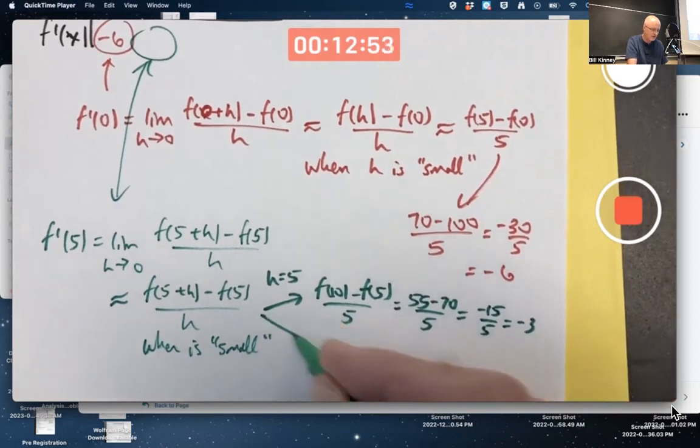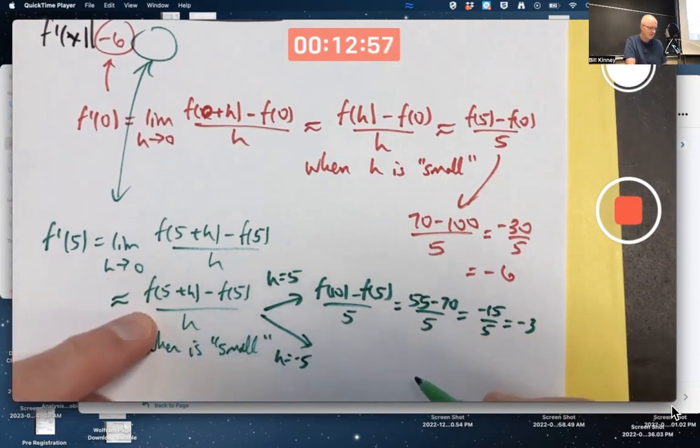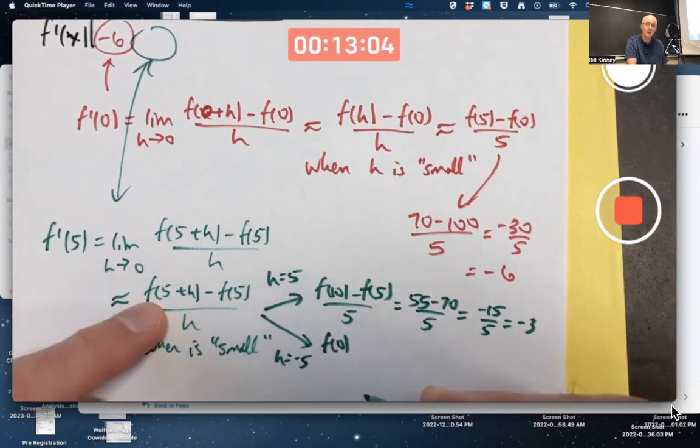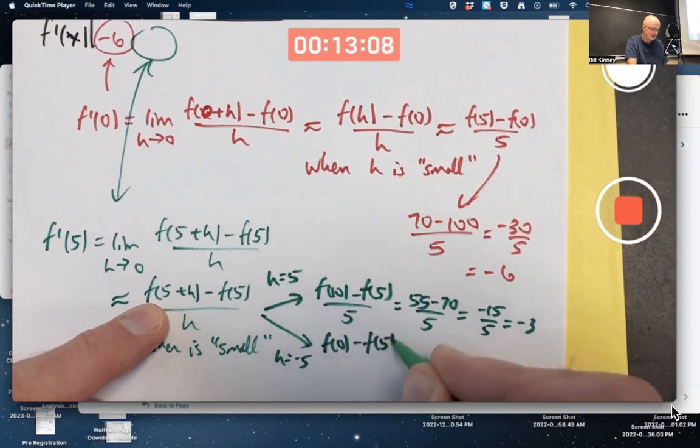But what if we took h to be -5? 5 plus -5 is 0, and so we'd be plugging f of 0 into f. And if h is -5, I guess we'd be dividing by -5. That's kind of weird.